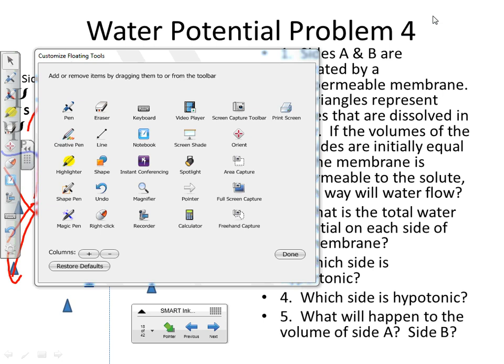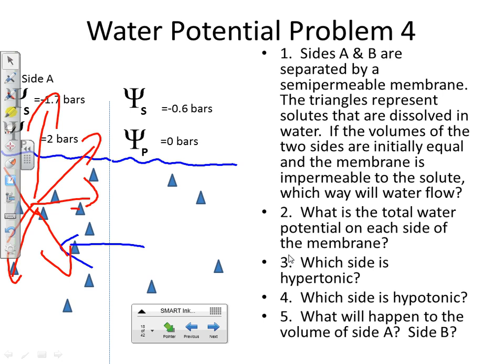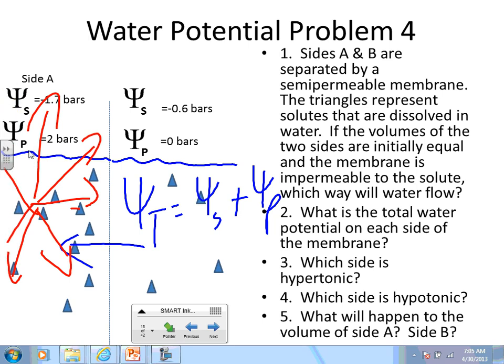So the first thing that we're going to have to do is calculate the water potential. And that's what the next part asks us to do. And you guys remember, I hope, that to calculate water potential, it's solute potential plus pressure potential. So for this first problem, for side A, we've got negative 1.7 and positive 2.